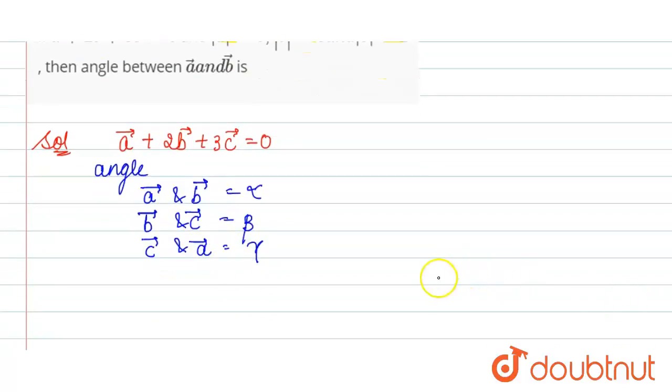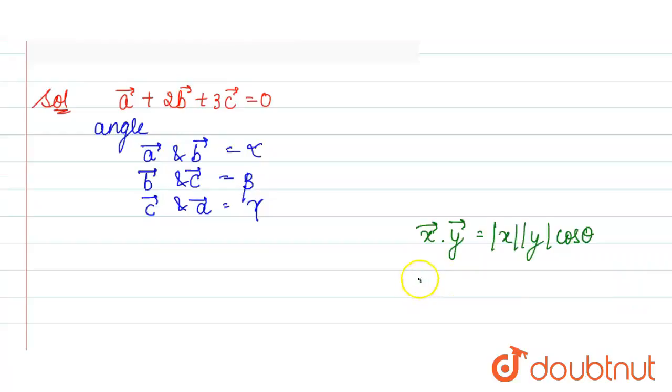And we know that x vector dot y vector is equal to mod of x into mod of y into cos theta, where theta is the angle between x vector and y vector.